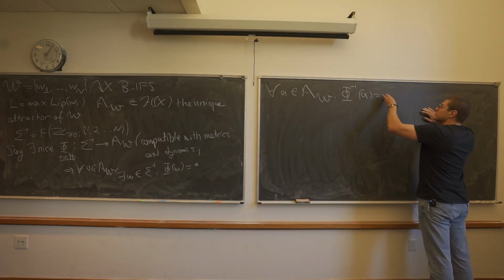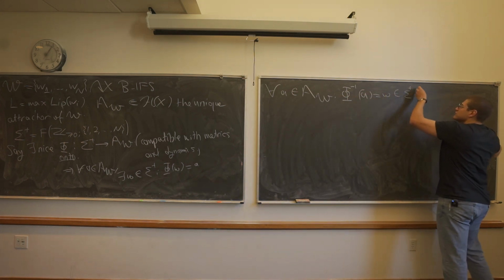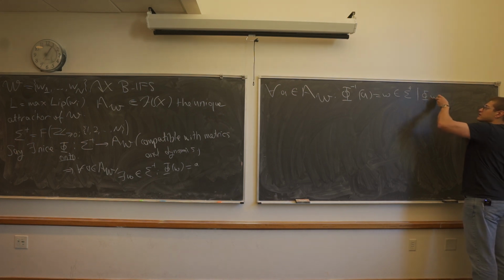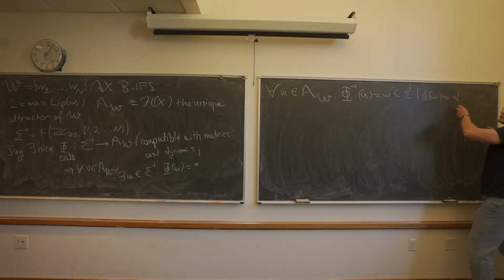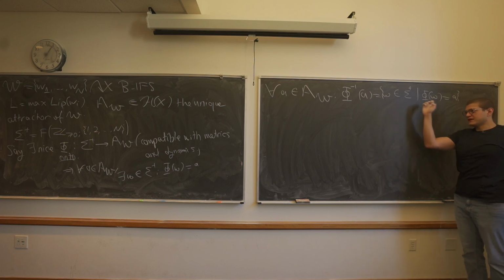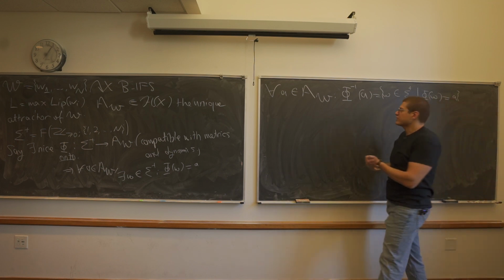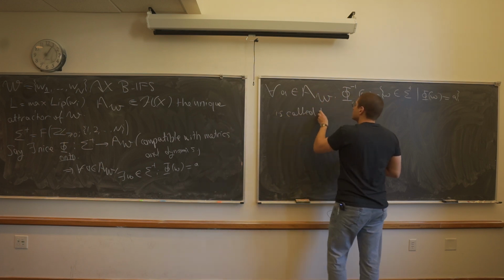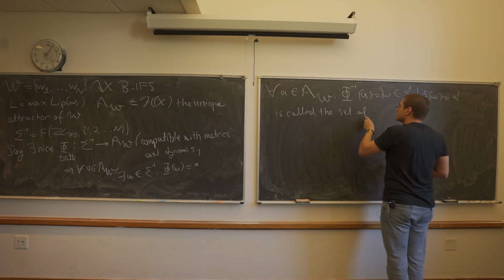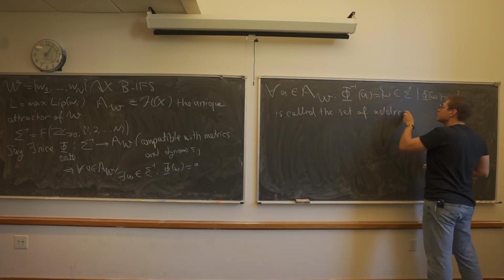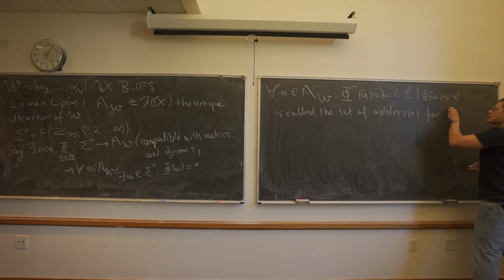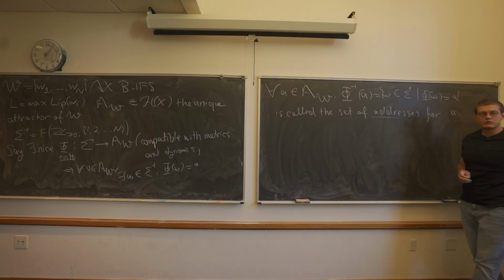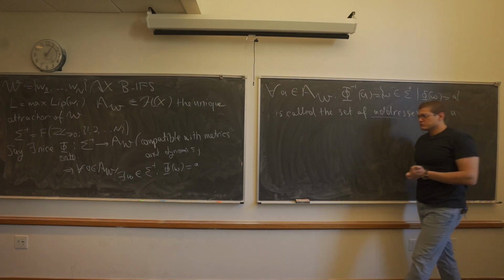So this is the set of all those sequences that phi sends to A. This set is called the set of addresses for A. Okay. Any questions so far?